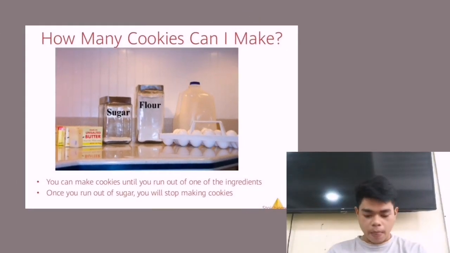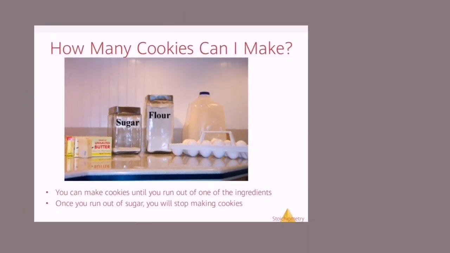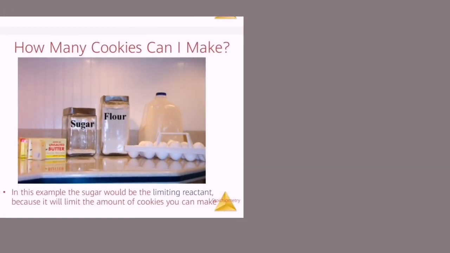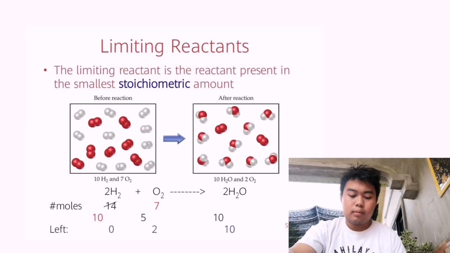How many cookies can I make? You can make cookies until you run out of one of the ingredients. Once you run out of sugar, you will stop making cookies. Limiting reactants.